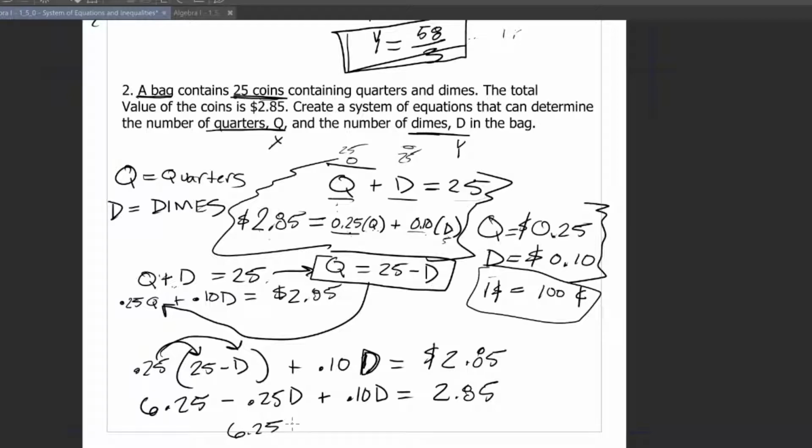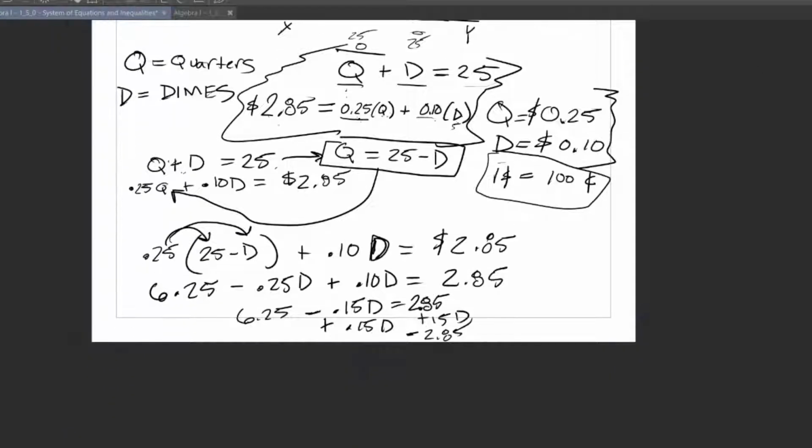Minus 0.15 D equals $2.85. We're going to add 0.15 D to both sides, and then we're also going to subtract $2.85. Sorry, let me scoot down a little bit. Minus 2.85 there, minus 2.85 here.